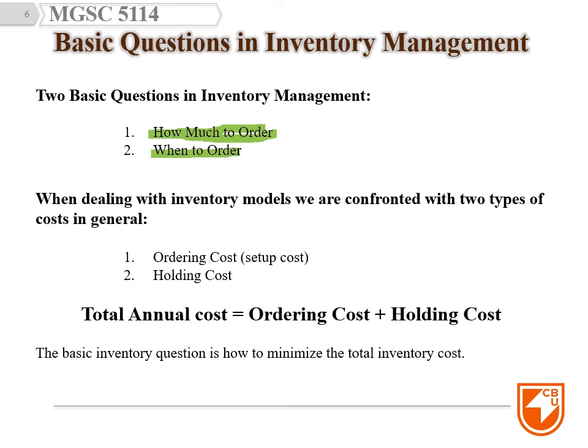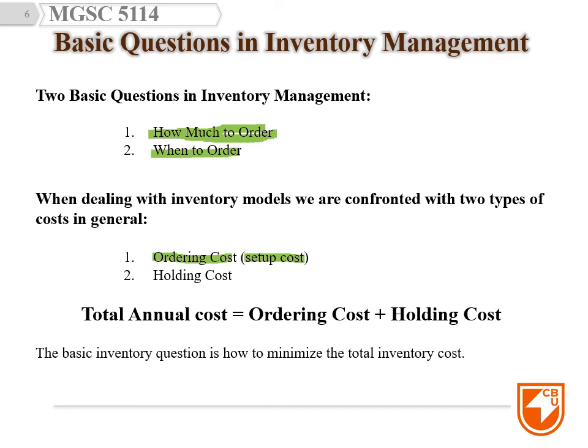But basically, we have two main types of cost to be considered for basic inventory management. The first one is ordering cost. It is also considered setup cost. Setup comes from the manufacturing concept, and ordering comes from the finished product concept.